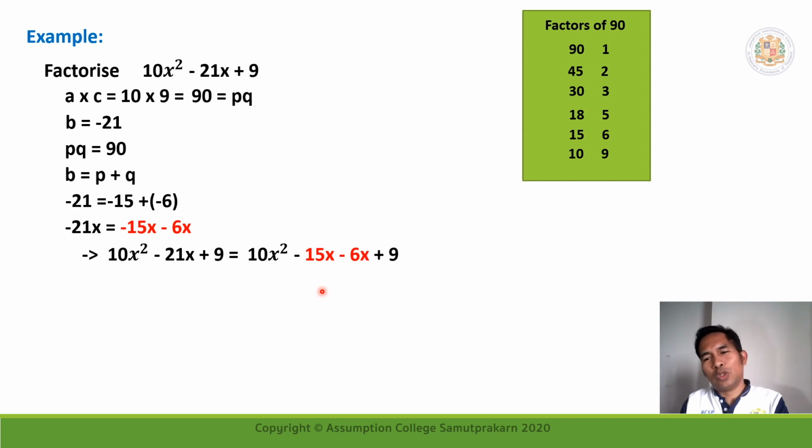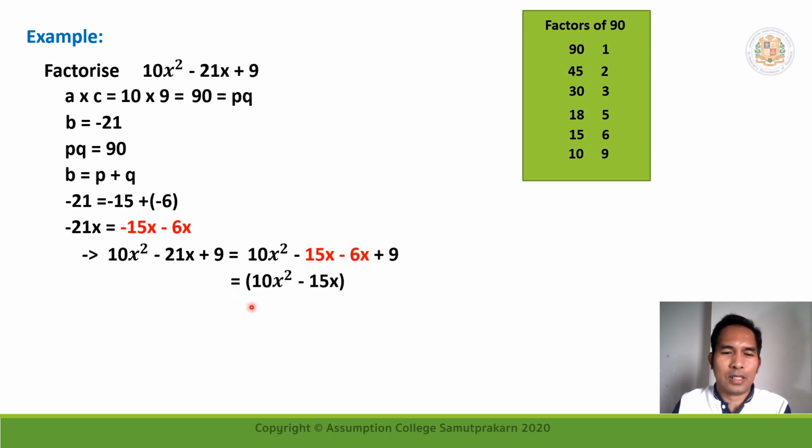Next, we will factorize by grouping. When you factorize by grouping, you put the bracket. Put the bracket with minus 6x. Now, I will ask you, for plus 9, do we keep the same sign, or do we change the sign? When you put the bracket, do we change the sign, or keep the same sign?